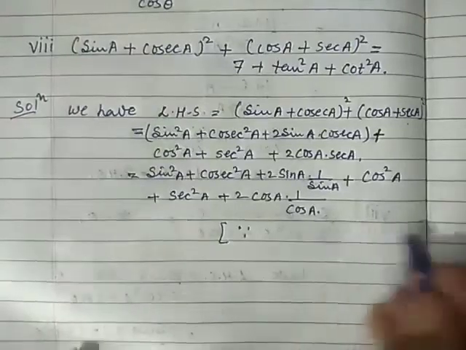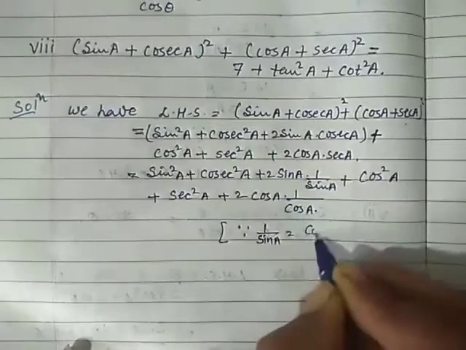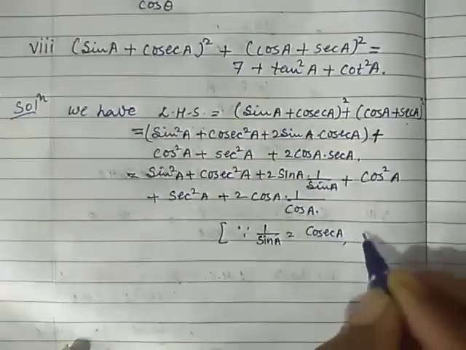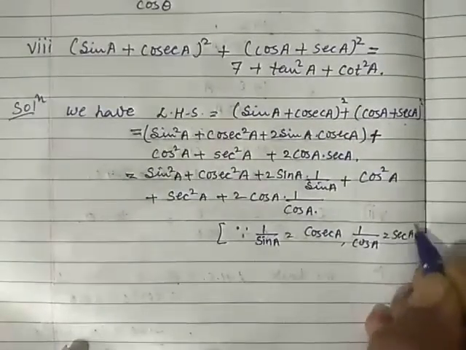First, sin A into cosec A is equal to 1, and the second one, cos A into sec A is equal to 1.